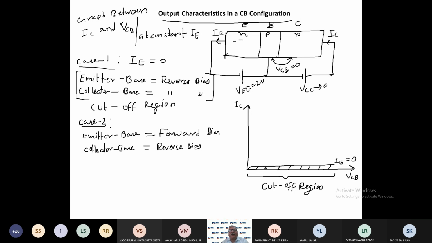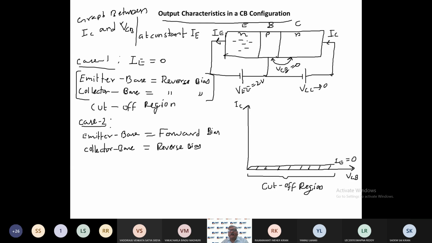So what will happen? The electrons in the emitter region, since the base is connected to the positive terminal of the battery at 2 volts, will come to the base. Collector is not connected to any voltage because VCC is 0.